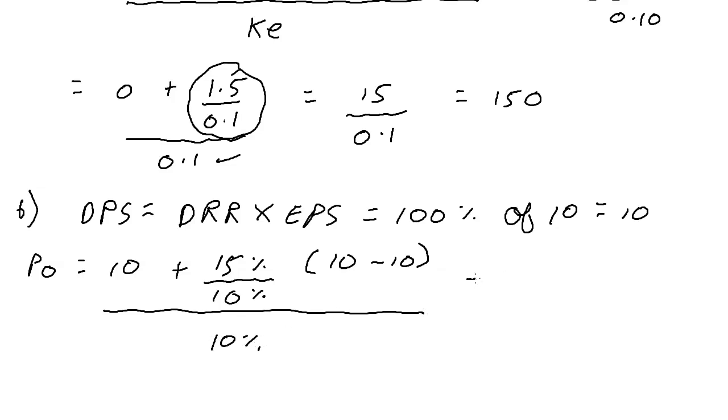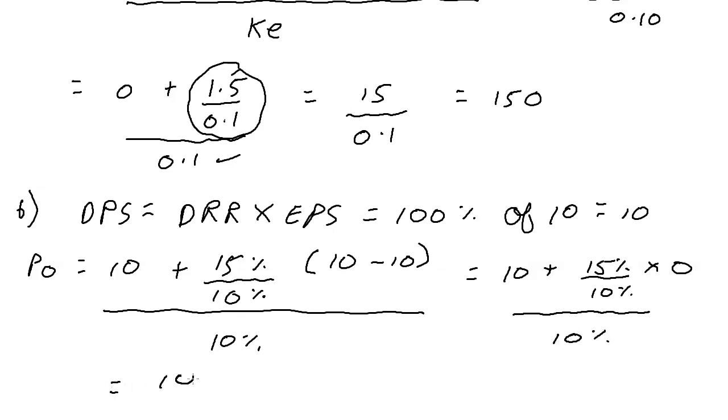And now we solve. So 10 plus, and we have 10 minus 10, which is 0. So it's basically 15% over 10%, but everything's multiplying by 0, so it simply becomes 0 upon 10%.